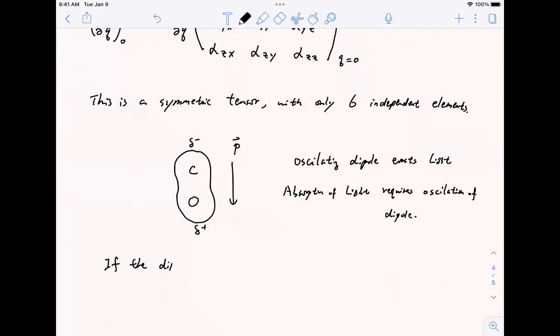So if the dipole is oscillating for a vibration, it is infrared active.